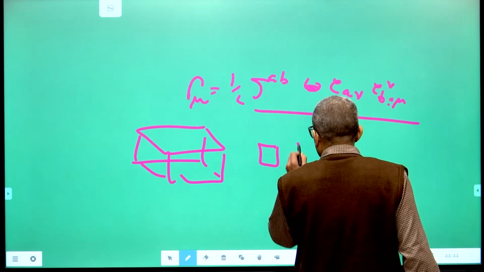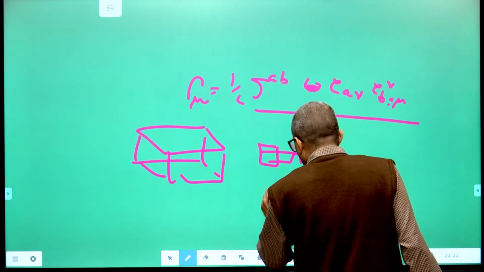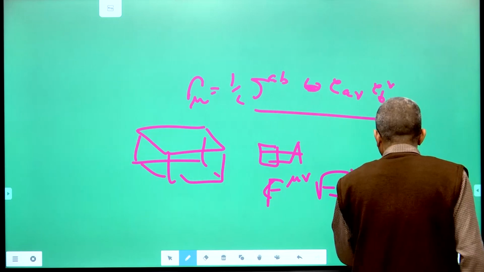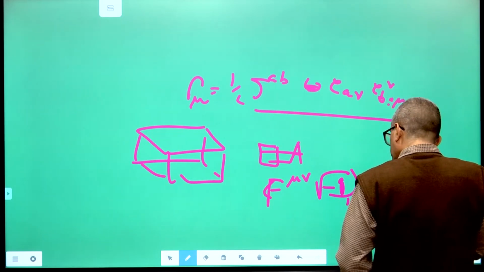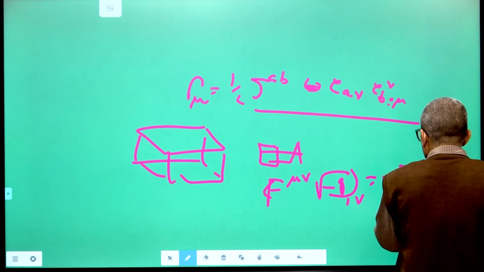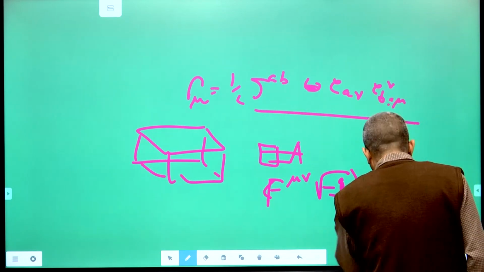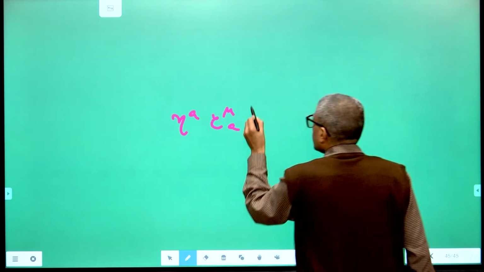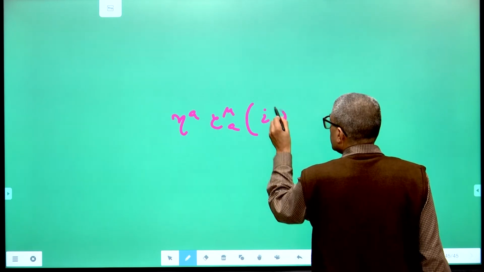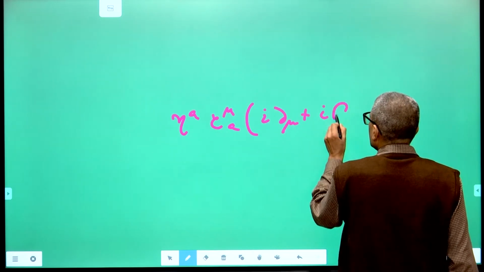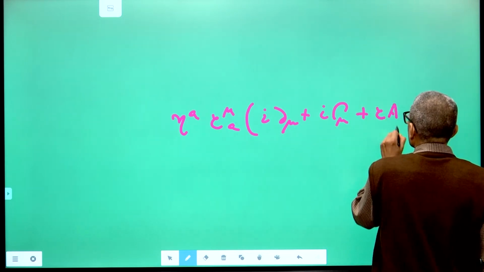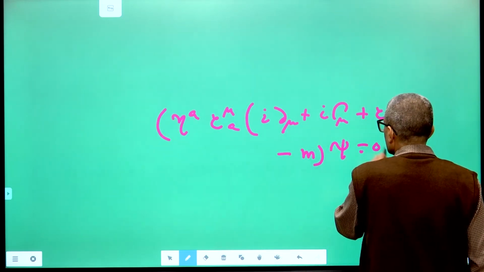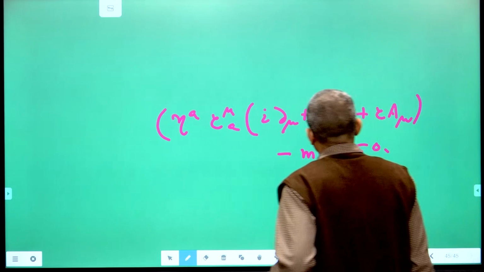In Kerr space time the Maxwell equations will be given by f mu nu root minus g comma nu is equal to minus j mu, which is the Dirac current, and the Dirac equation will be given by gamma a E mu a multiplied by I dou mu plus I gamma mu plus E a mu, with electromagnetic field and gravity both present, minus m acting on psi to give 0. Right, this will be the Dirac equation.